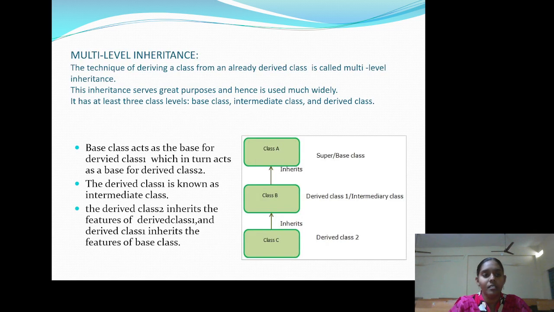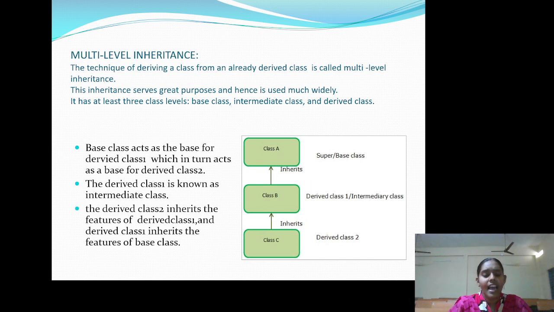And third one is multi-level inheritance. The technique of deriving a class from an already derived class is called multi-level inheritance. This inheritance serves great purposes and hence is used quite widely. It has at least three class levels, that is, base class or superclass, derived class 1 or intermediate class, and derived class 2.